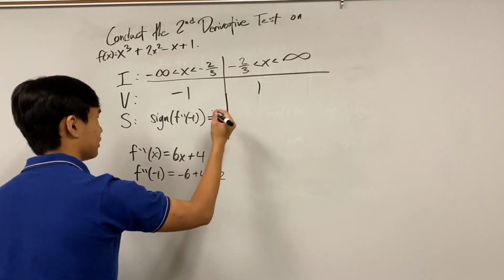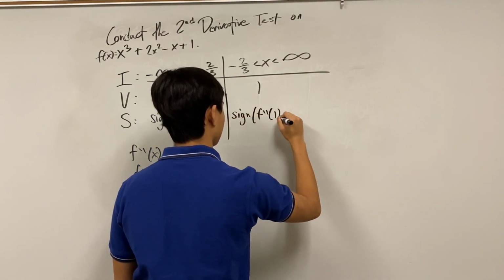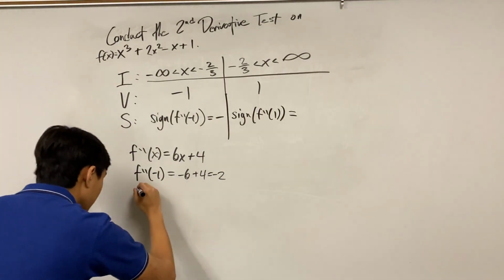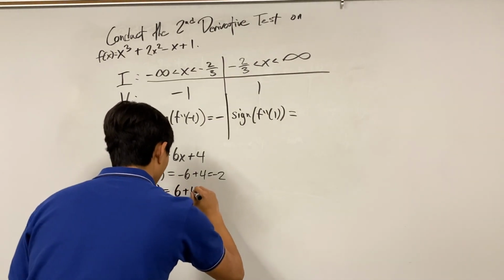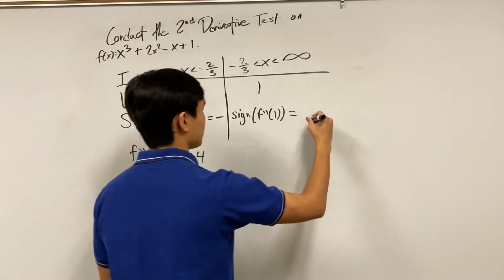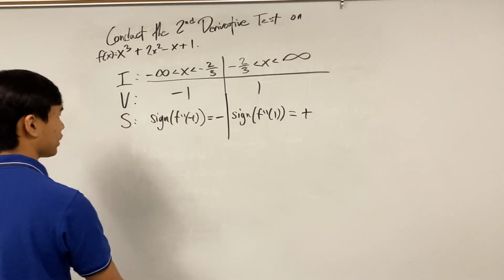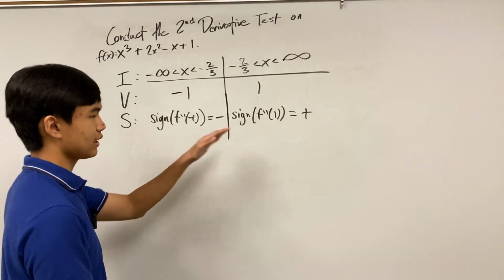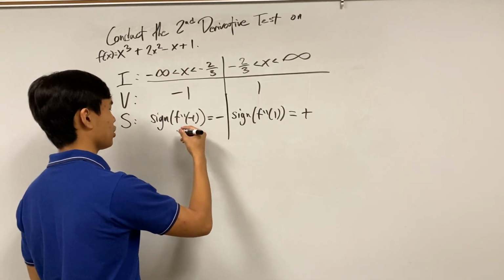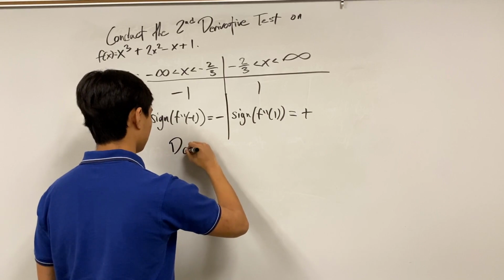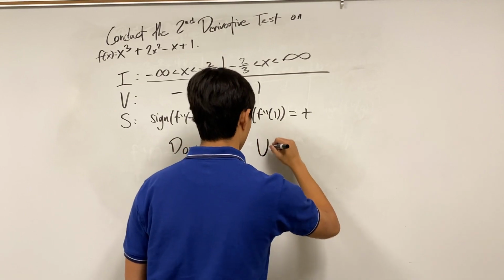And then the sign of f double prime of +1: we have 6 plus 4 is 10. So we have a plus. Okay. And now, using these signs, we can conclude that from negative infinity to negative 2/3, this function is concave down. And from negative 2/3 to infinity, this function is concave up.